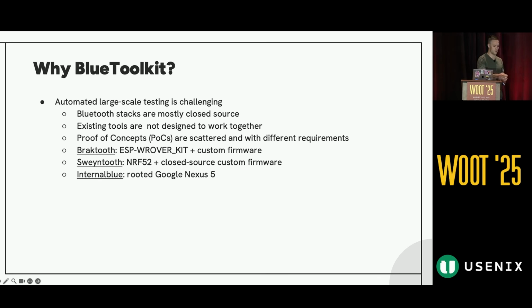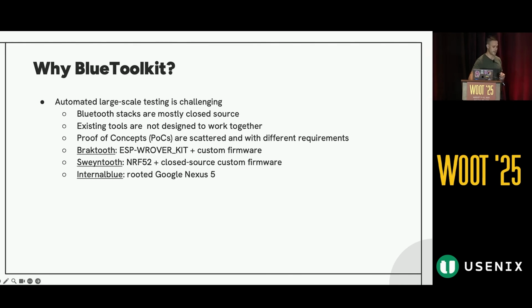One requires ESP boards with custom firmware. Another requires a Nordic device with custom closed source firmware. InternalBlue requires a rooted Google Nexus 5, which was a common phone to acquire when it was released. Now it's not so common because it's quite old.